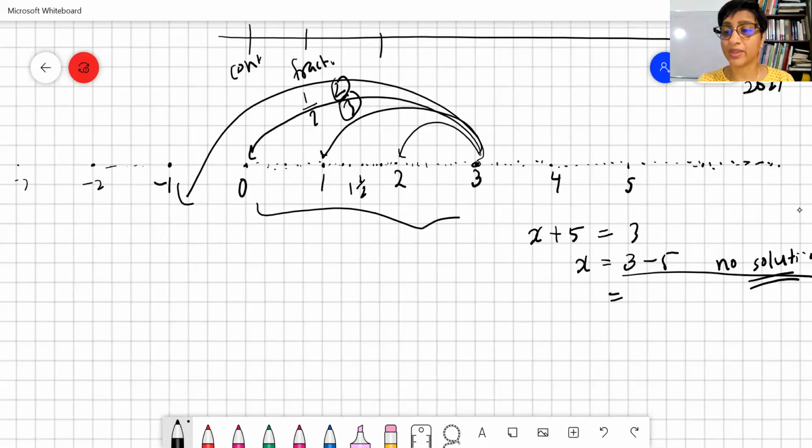So why did people do that? Because we needed that. We needed a way to talk about 3 take away 5, and then they created it. Let's call these numbers -2. But I want you to feel that feeling.